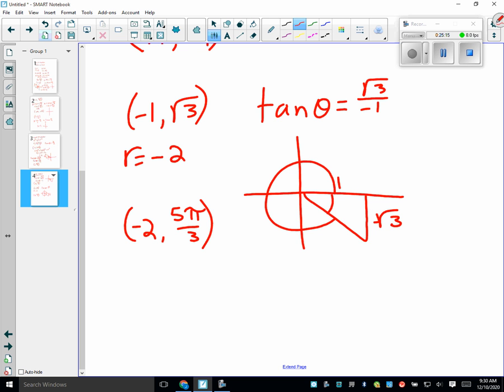I still don't understand why we went the opposite way. Okay, when we do R, a positive R means I go towards the angle. A negative R means I go away from the angle. But how do we know that we're in quadrant 2? Okay, this point right here is in quadrant 2. So when I plot my theta and my R, I have to end up in quadrant 2.